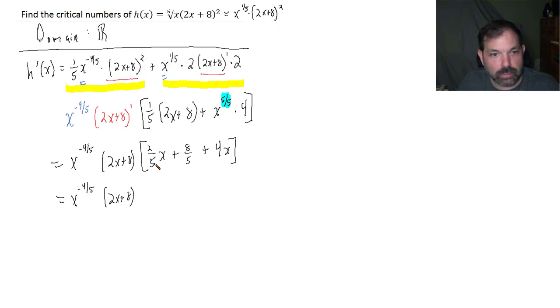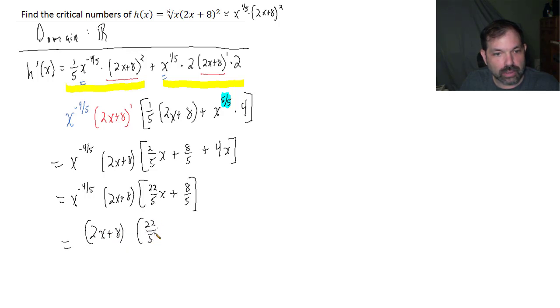And let's see, 4x plus 2/5 x, that's 20/5 plus 2, that's 22/5 x plus 8/5. Now, let's think about this. This x to the negative 4/5, if I really wanted to, I could write that in the denominator. That's (2x plus 8) times (22/5 x plus 8/5) over x to the 4/5, isn't it?